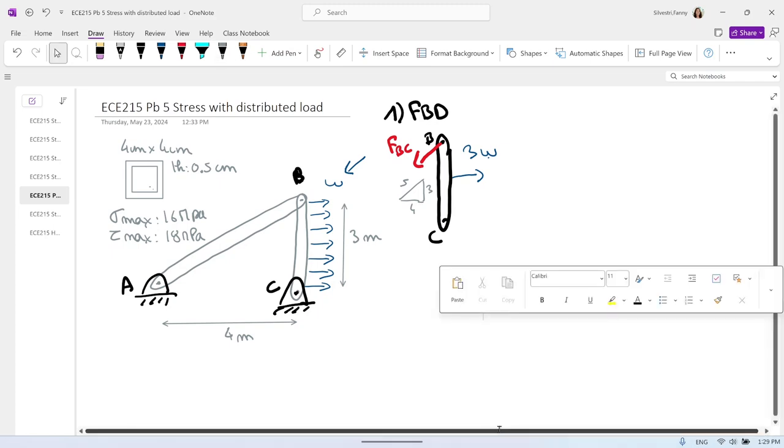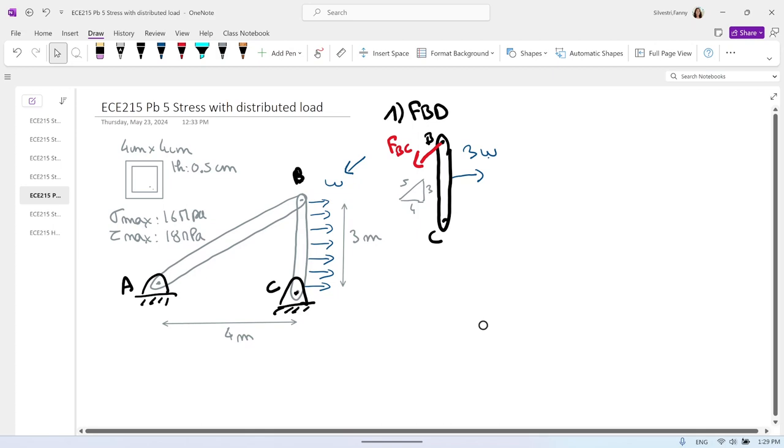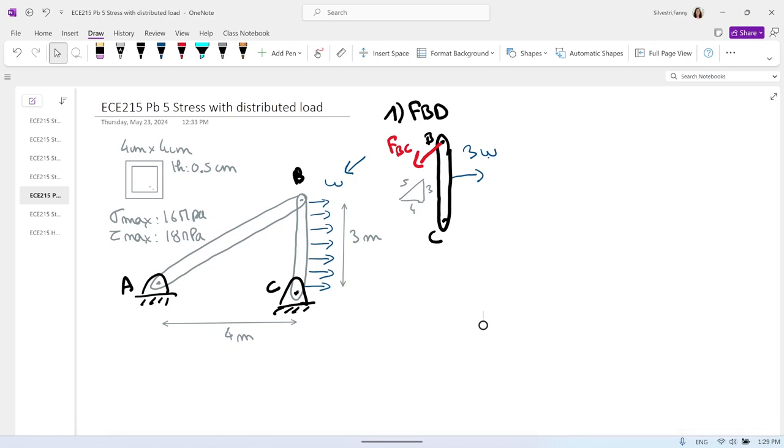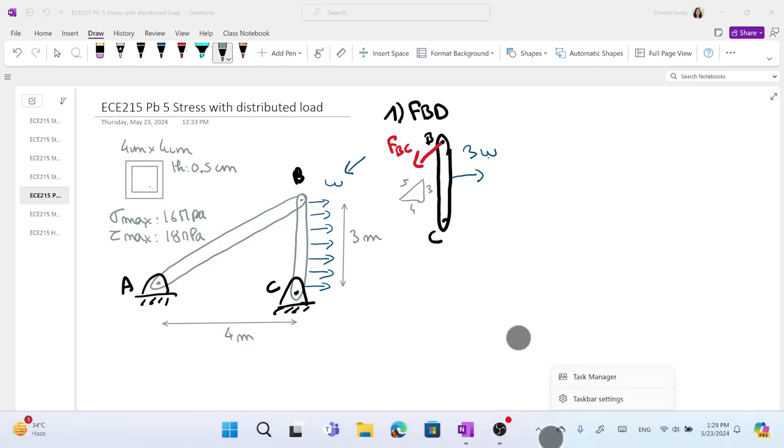If you don't remember how to work with the 3, 4, 5 triangles, go to my video on tips for mechanics of materials, in one of the beginning modules. I put all the videos about concepts that we see again and again, like those 3, 4, 5 triangles. At the pin C, it's a pin connection, so we have two reactions. CY will be up.